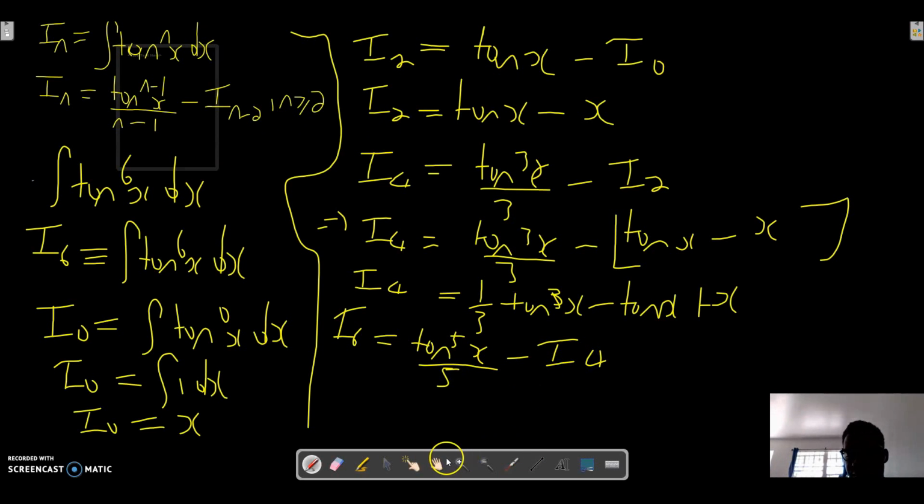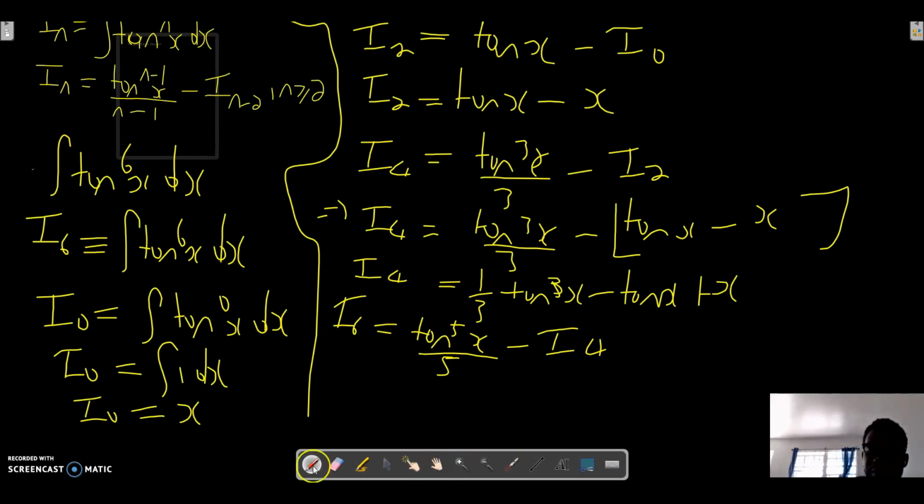Alright? I don't have to tell you exactly what is going to happen now. Since we found I4 already, we're going to replace all of that by I4. So I'm going to have I6 is equal to tan to the 5th x over 5, I'm going to write this 5 properly, minus all of that.